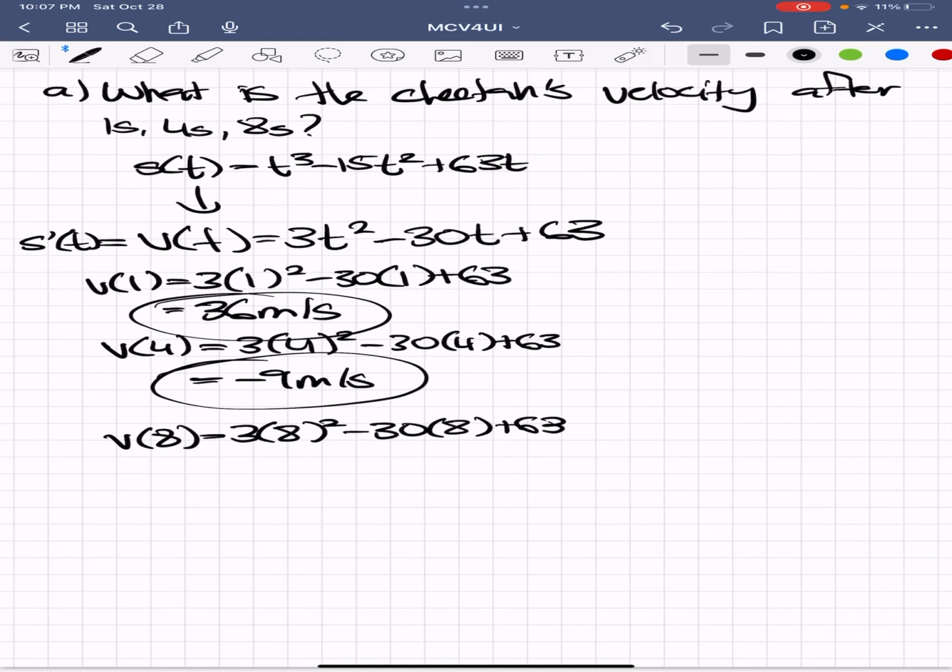And then we have 3 of 8 to the power of 2 minus 30 in brackets 8 plus 63. And for that one, the velocity is 15 meters per second.